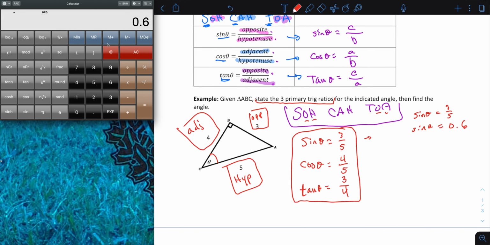Here's the cool thing. I don't know if this has a second function.